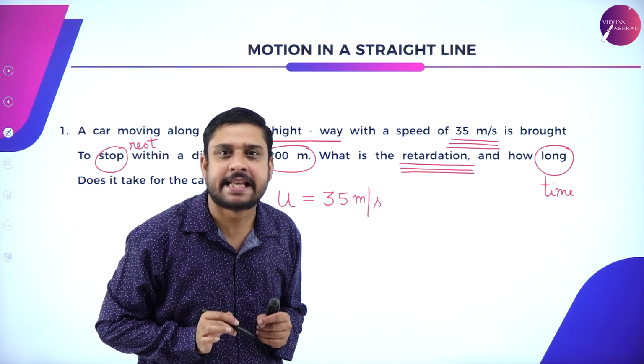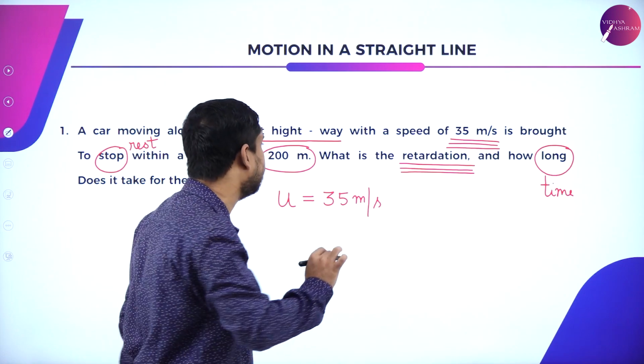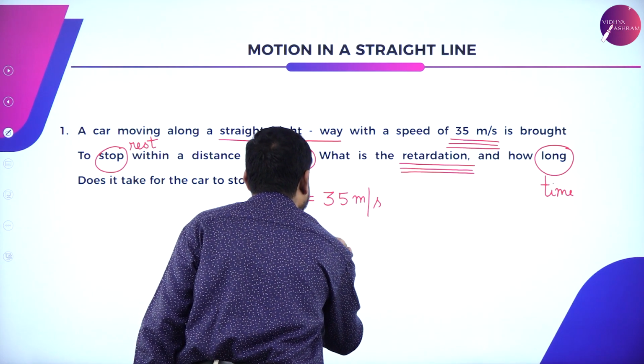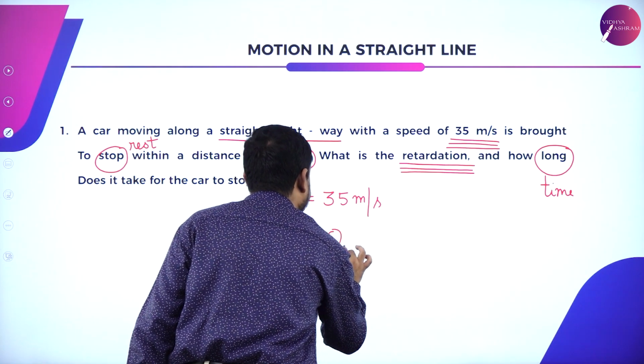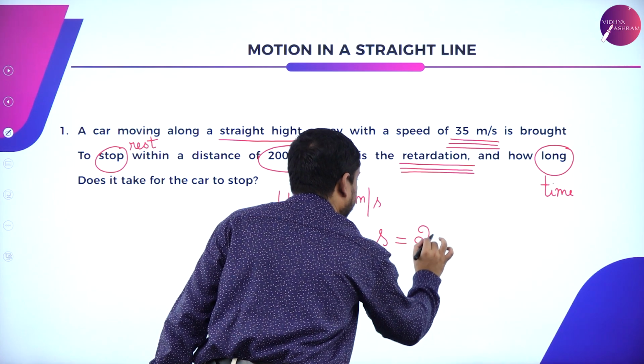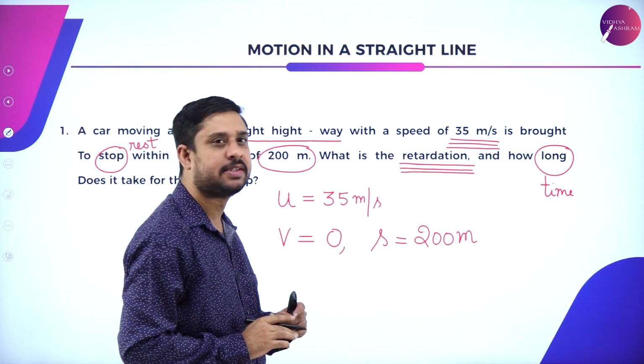The moment I say brought to rest, it means the final velocity of the car is 0, covering a distance of 200 meters.